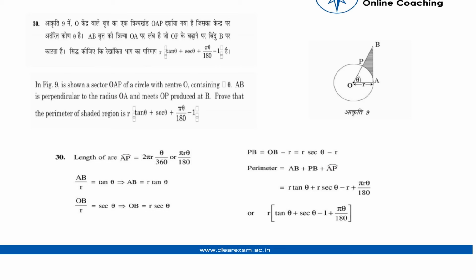So we can also write PB as OB minus OP, that is the radius. So we have got the PB value, r sec theta minus r. We now know this PB, we know this AB, and we know this whole OB also.